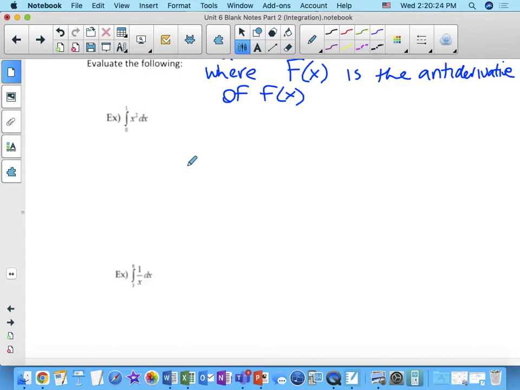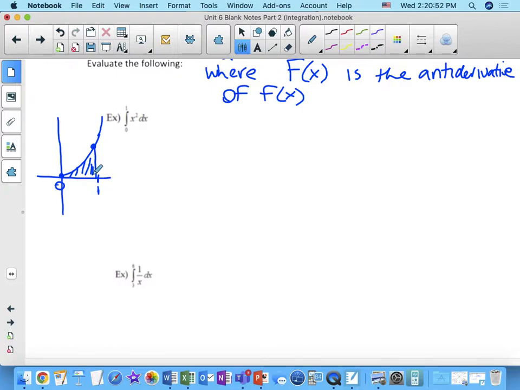Now, visually, here's 0, here's 1. We're looking at this. Okay, how do we calculate it?